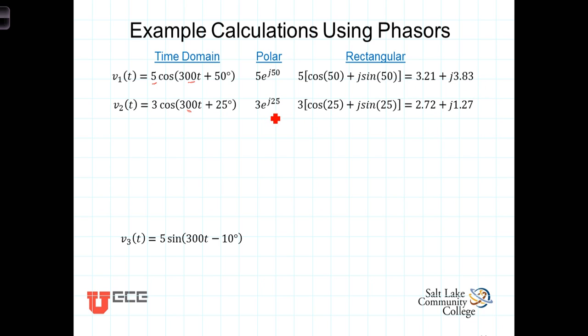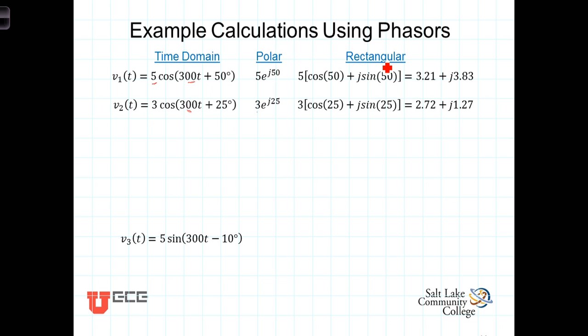Similarly, the phasor representation of this time function, the amplitude is 3, the phase angle is 25, so we have 3e to the j25 in its polar form, or in rectangular coordinates, this phasor would be 2.72 plus j1.27. So phasors are the complex representations of the trigonometric functions. Phasors can be written in either their polar form or the rectangular form.